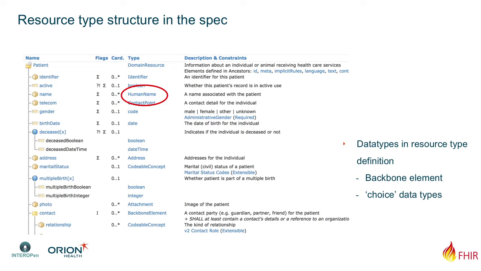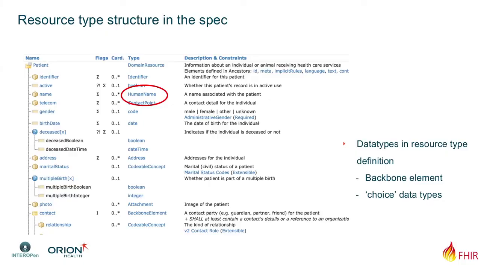This line here, those numbers tell you how many of each element can exist in a resource. So, for example, an identifier, which could be like an NHS number, you can have none of them or many of them. Whereas something like the gender, you can have only one, but it's optional. So that cardinality, or multiplicity as it's called, is quite important.